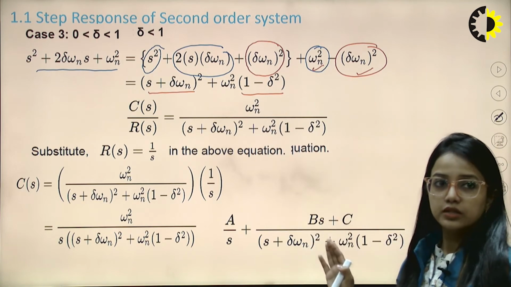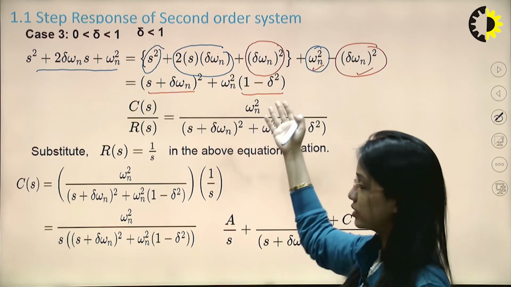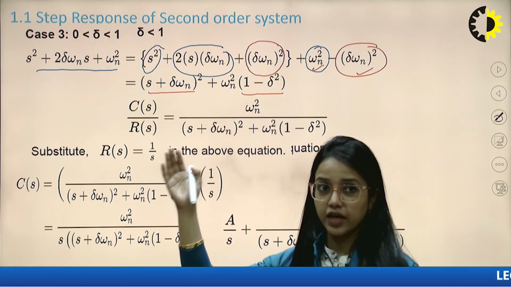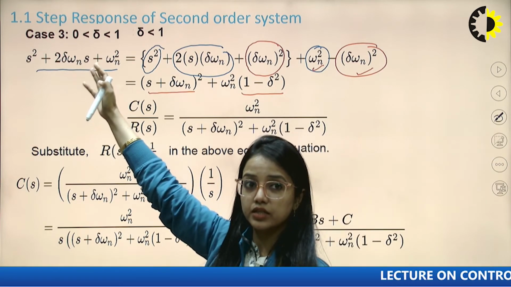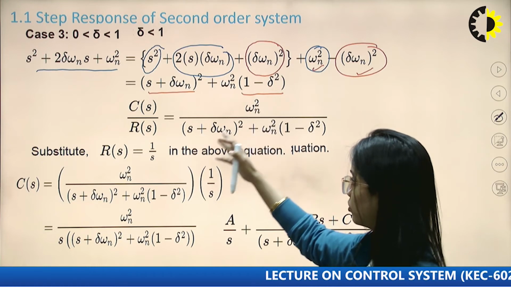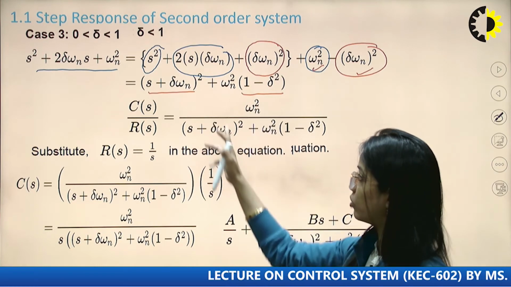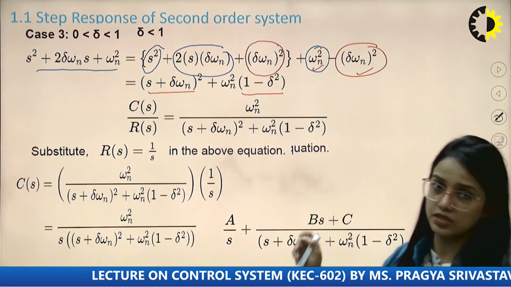Now the value of C(s) is omega n square, of course. Omega n square was there in the numerator always, and in the denominator we had s square plus 2 zeta omega n s plus omega n square. So then we have omega n square upon s plus zeta omega n whole square plus omega n square into 1 minus zeta square.